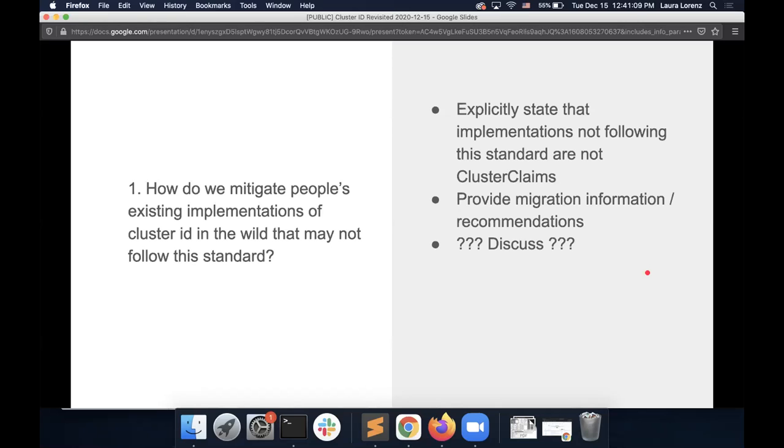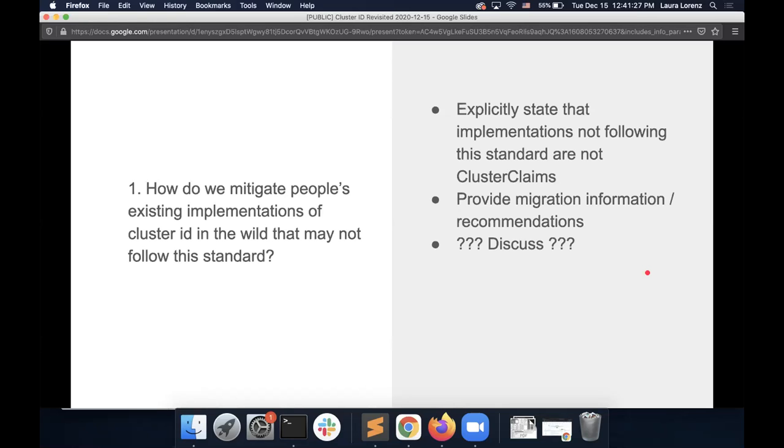Right. Yeah, just to pick up on what you just said, multi-cluster services are a semantic and an API, not an implementation. So any one implementation of multi-cluster services might or might not work without cluster claims.